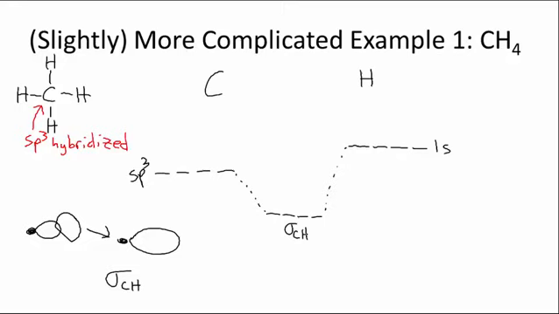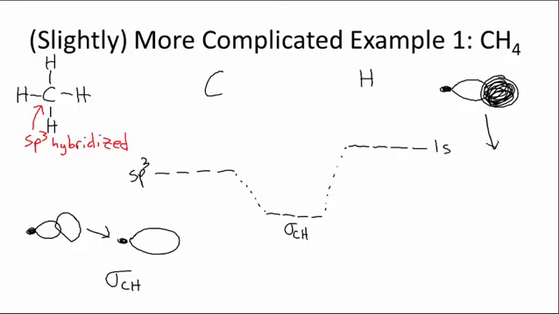I could also combine them out of phase. So I could put them together like that. And that's going to make an antibonding orbital.